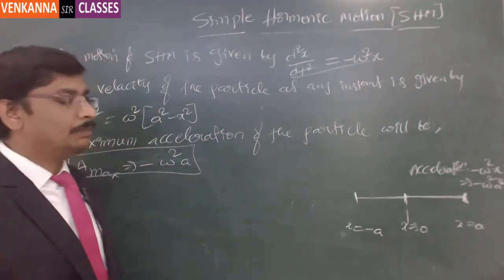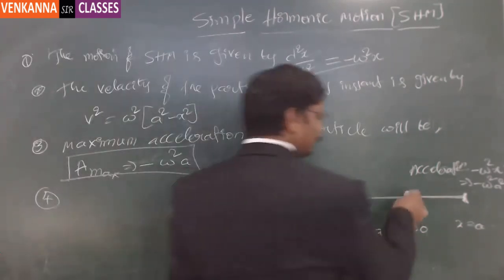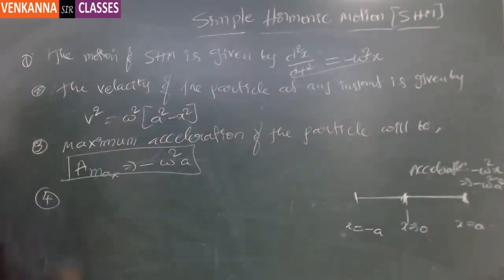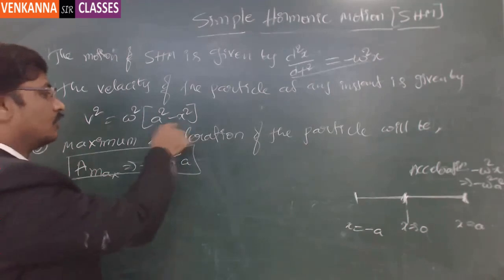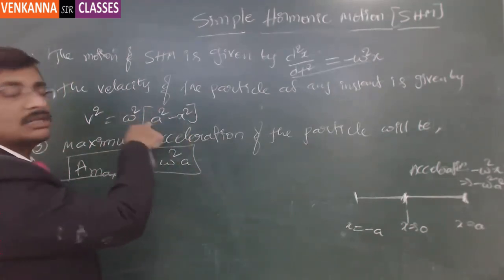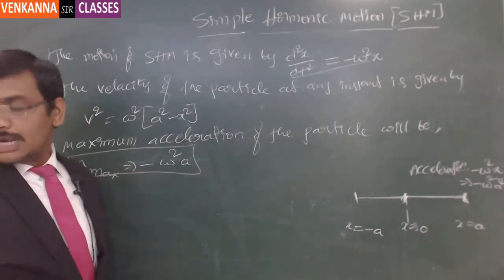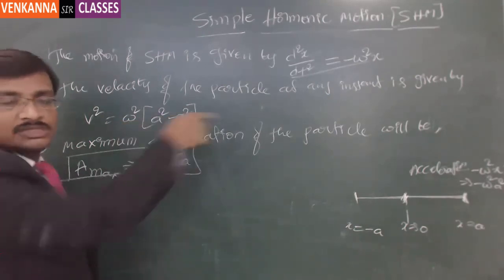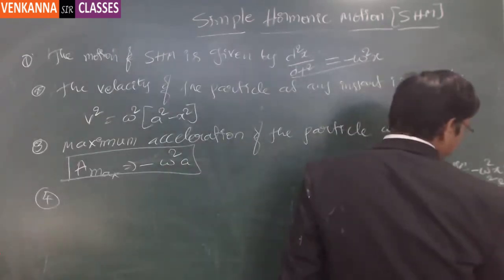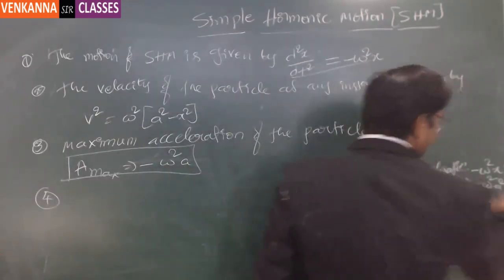That is at the mean point, the midpoint here. There, if you notice, v square is equal to omega square times a square minus x square. At x is equal to 0, this is the maximum value because it can't go beyond that. And at x is equal to a, this is the minimum value, which is given as 0. So this is v min and is always equal to 0 at the extreme position.